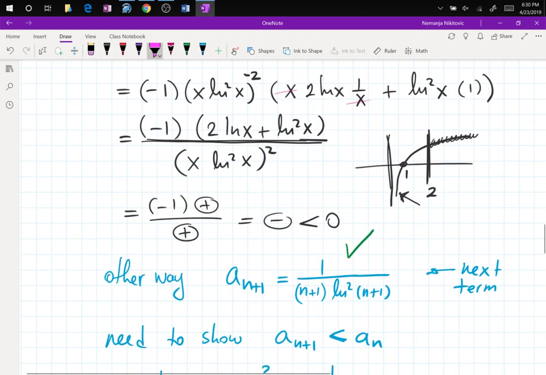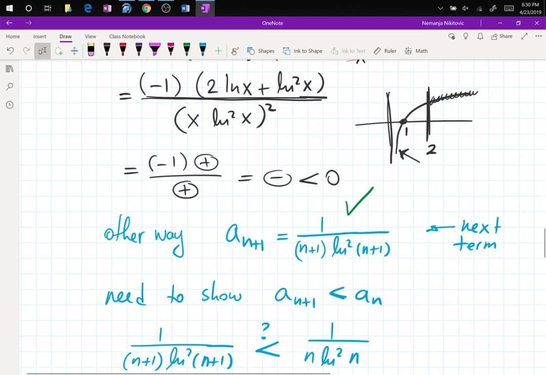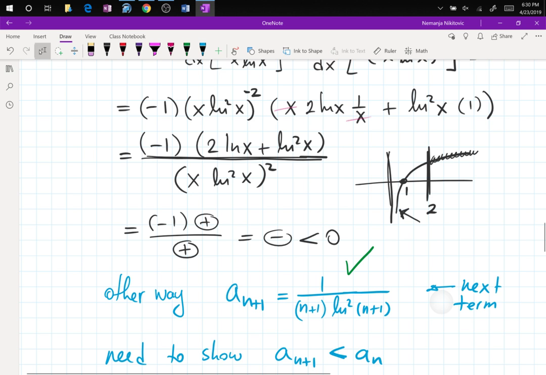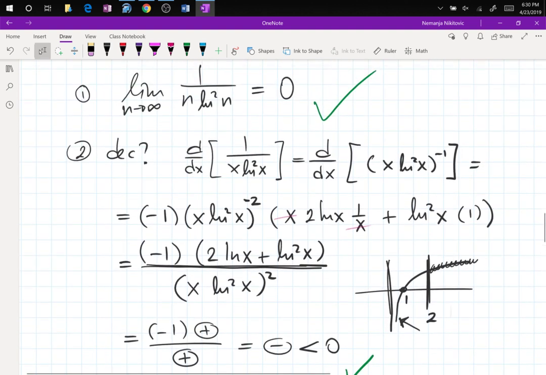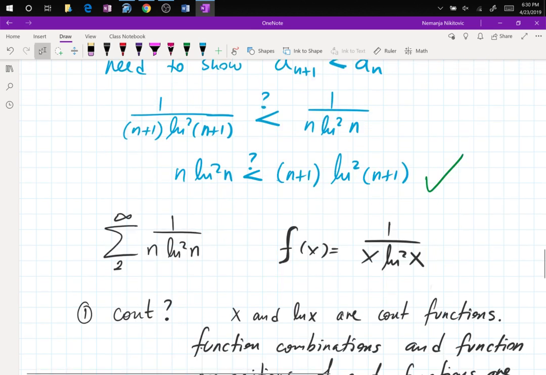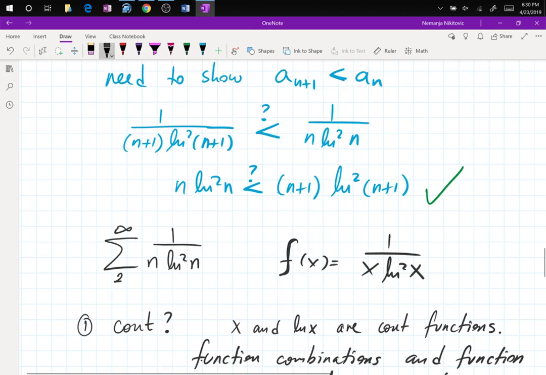Once we proved both of those and got a pass on both, again, I did the black and blue. That's just 2 different ways to do decreasing. You can either use the derivative or you can use the comparison. So we did the decreasing, and now, maybe this is what Olga was talking about, number 3 is to show what summation AN is.